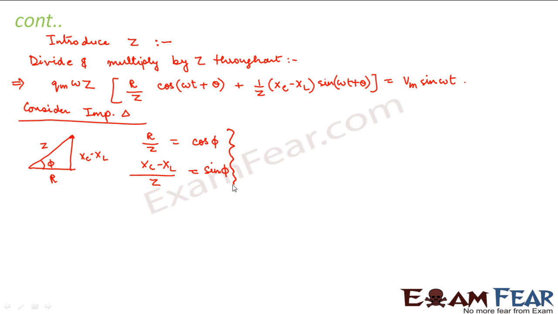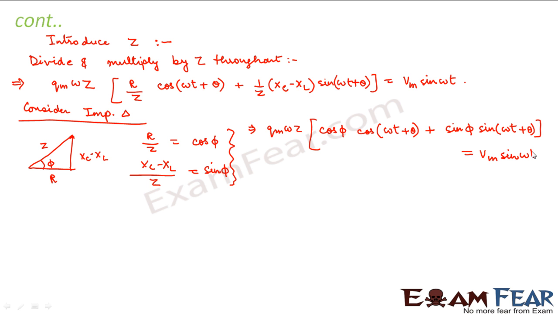With the help of this, we can write the expression as Qm into omega into Z, instead of R by Z I write cos phi, cos omega t plus theta, plus XC minus XL divided by Z, that is sin phi, into sine omega t plus theta, is equal to Vm sine omega t.